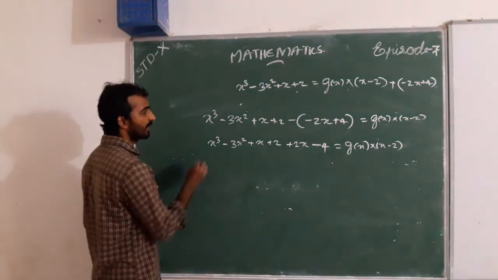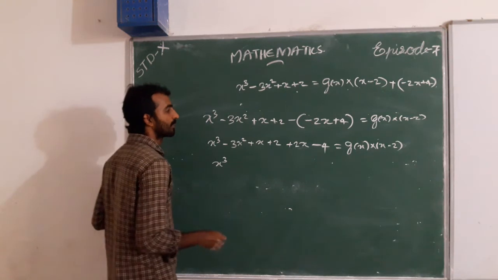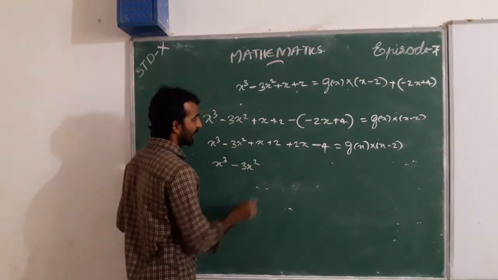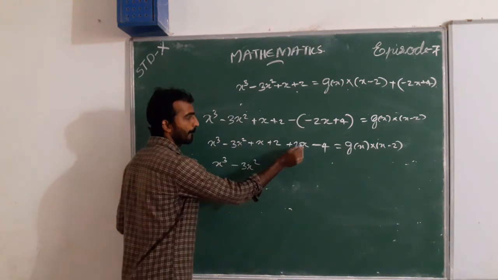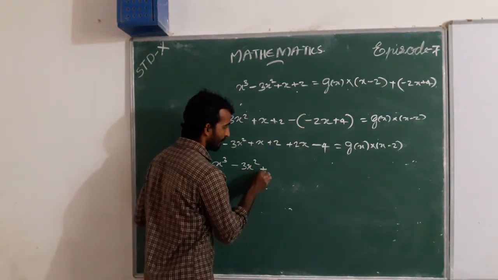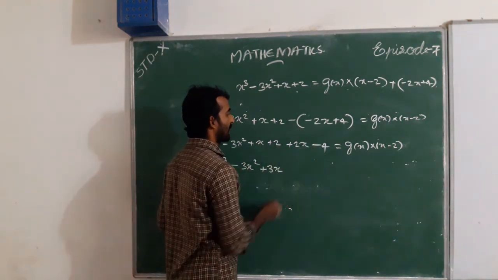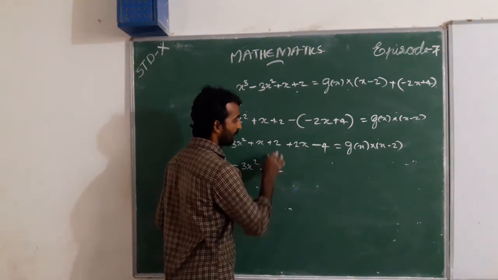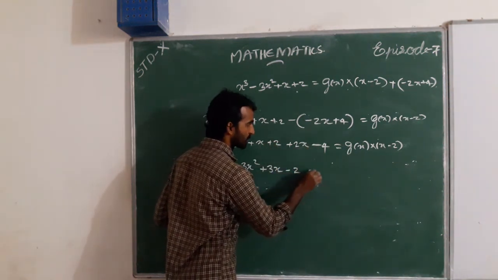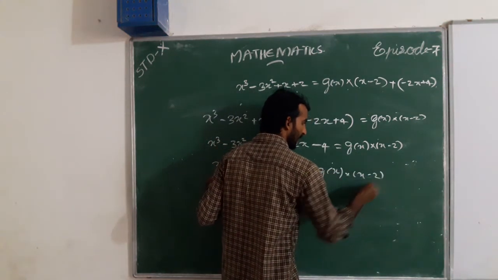Here we get x cube minus 3x square plus 3x, and plus 2 minus 4 we get minus 2, that is g of x into x minus 2.